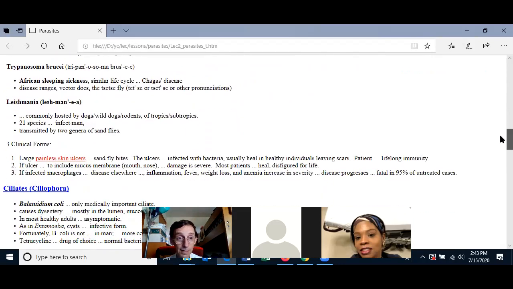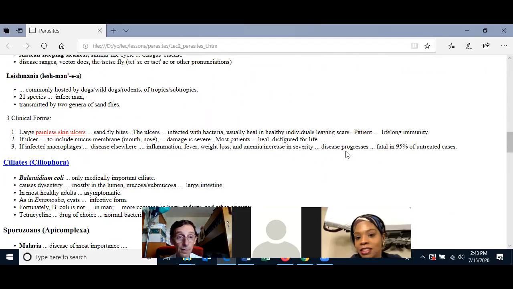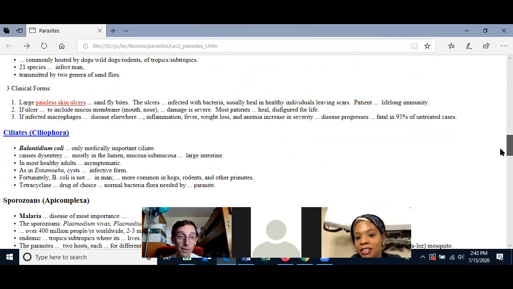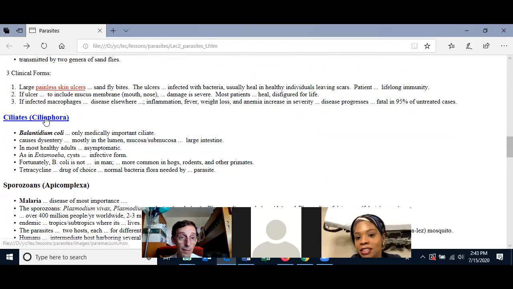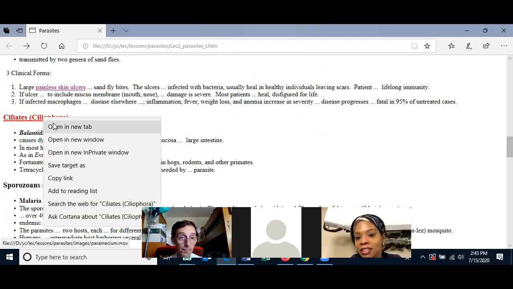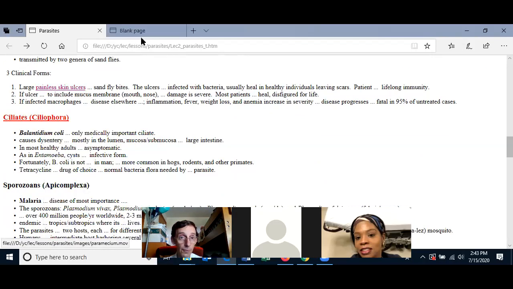And then lastly, Leishmania. So there are a lot of important flagellates that I want you to know about. Fortunately, the next category of parasites we're going to talk about are the ciliates, and they move by cilia, and they're in the phylum Ciliophora.